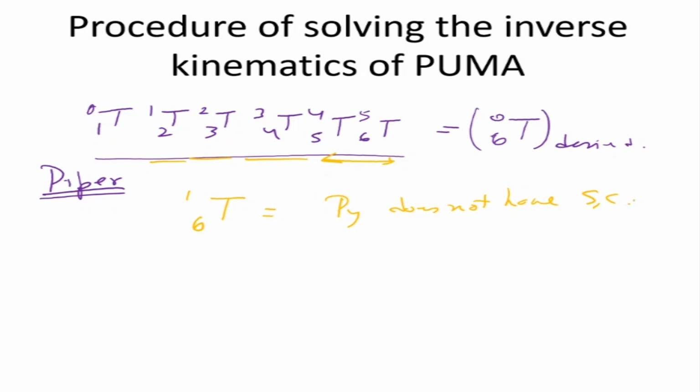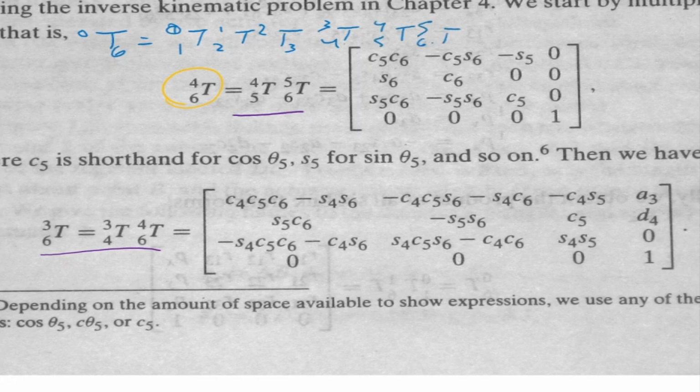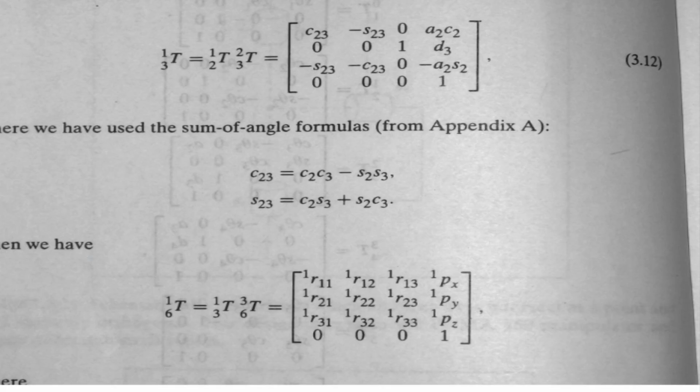When we are multiplying this out, we first multiplied 4 to 6. That means I start multiplying from the right hand side. So let me write T0 to 6, T01, 1 2, 2 3, 3 4, 4 5, and 5 6. We start multiplying from this side. First we multiply 4 to 6, then I multiply 3 to 6, then 1 to 2, 1 to 3.